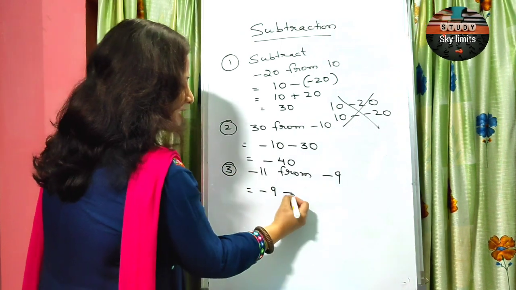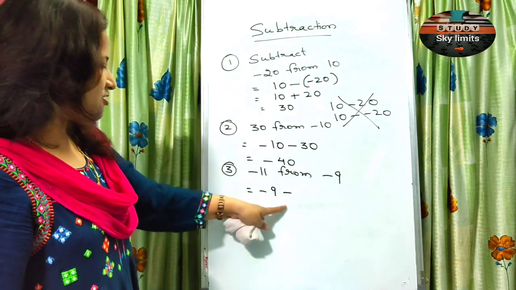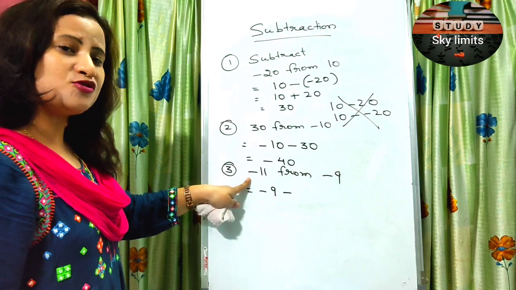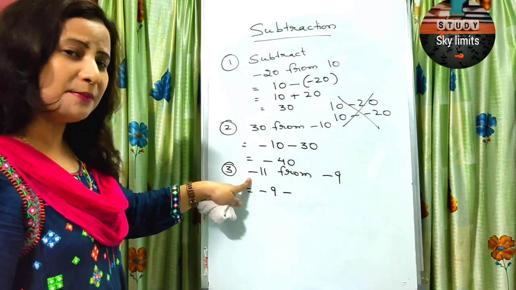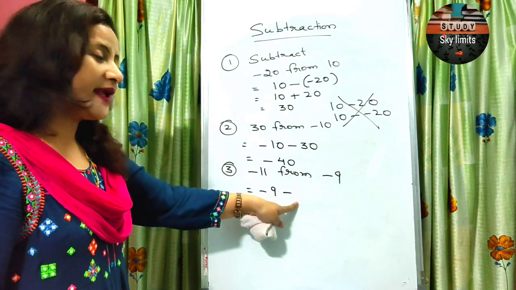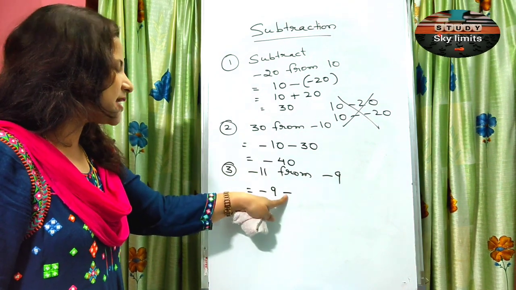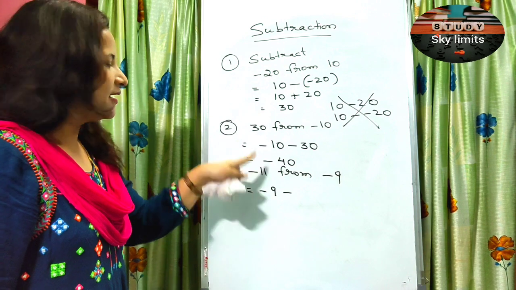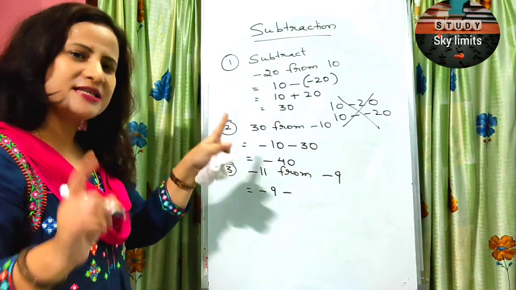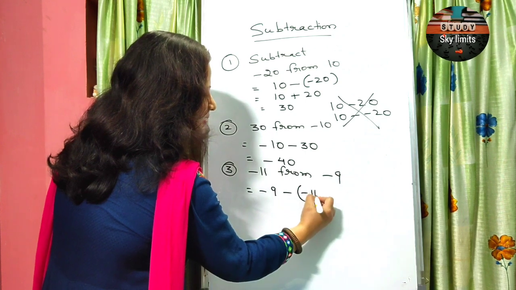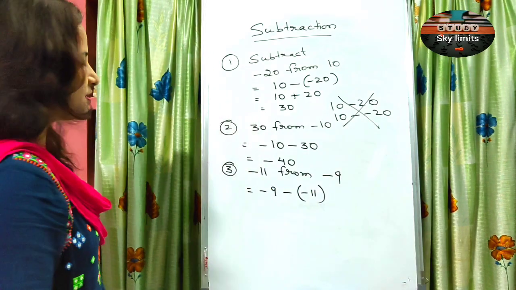Then the subtraction sign, as you are going to subtract here, followed by the subtrahend, which is again a negative number. So you cannot write a negative number directly. This minus sign is not 11's minus sign. This minus sign is meant for subtraction. So you have to put a bracket here and write minus 11 within the bracket.